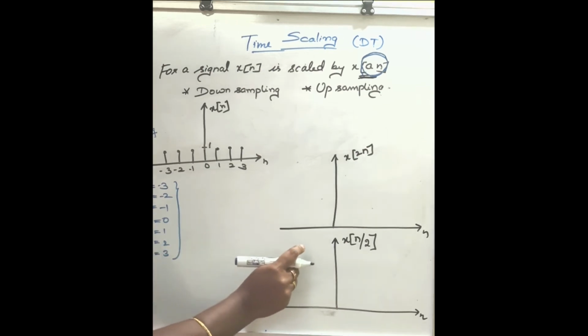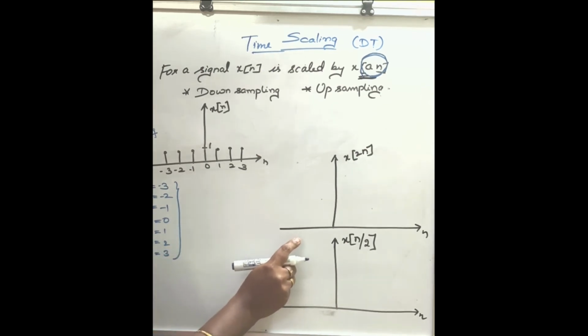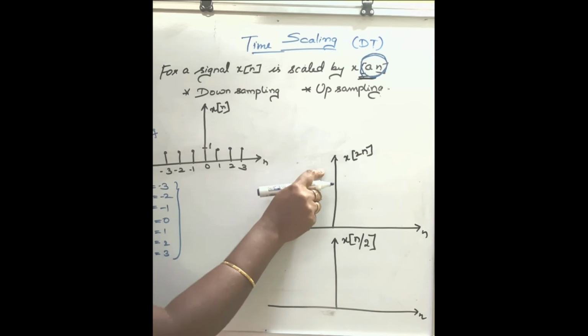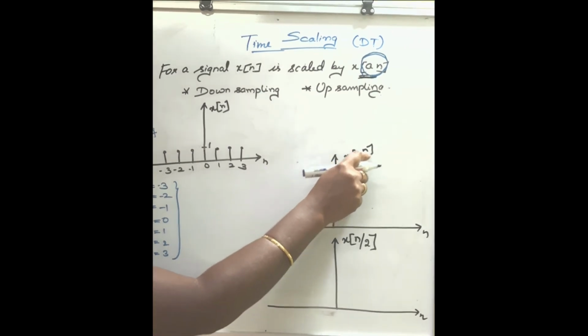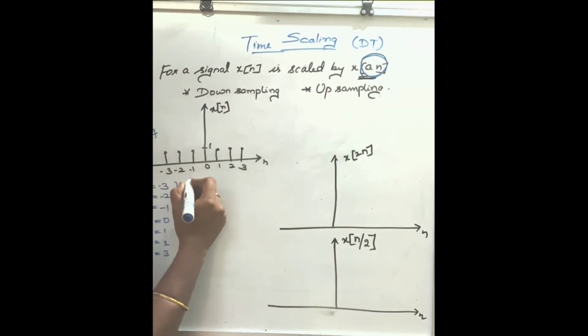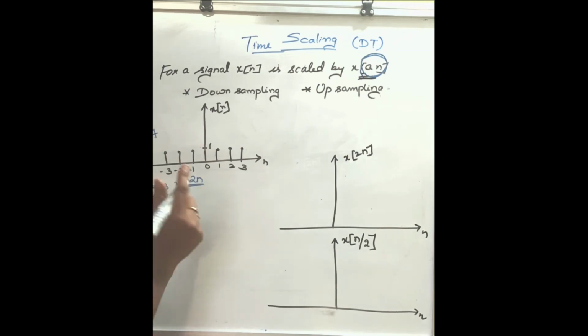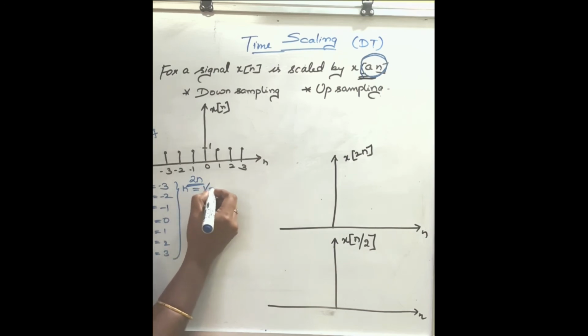Now, the first thing we'll see is what is downsampling, or what is the result of x of 2n. When I say 2n, this is the first case. When we say 2n, here n becomes 1 by 2.